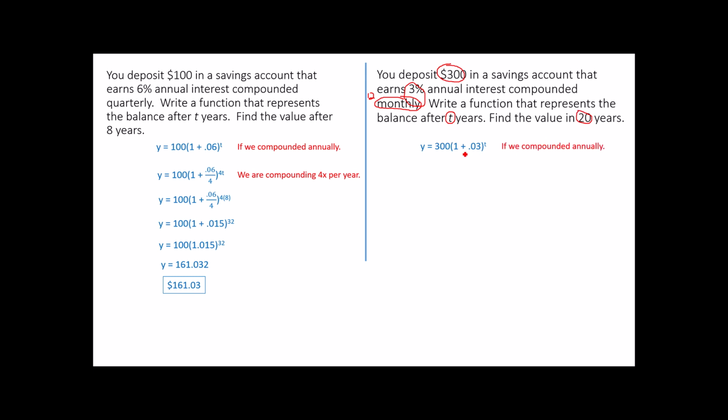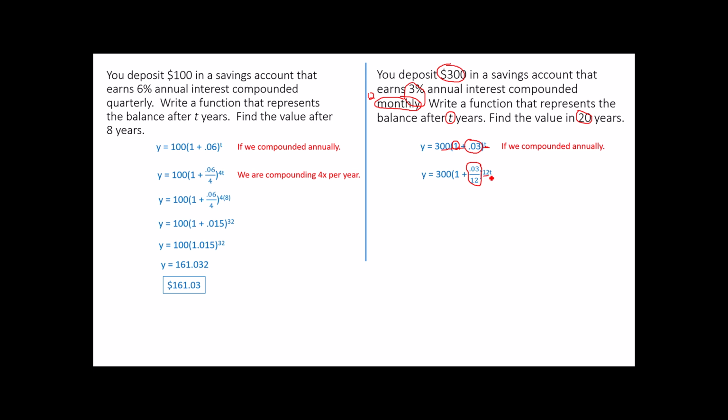If we were doing this every year, we put $300 in savings, we'd get 100% of that back, plus 3% interest, and that would happen every single year. But in this problem, we're going to take that 3% and we're going to divide it evenly among every month so that each month we earn a fraction of that 3%.